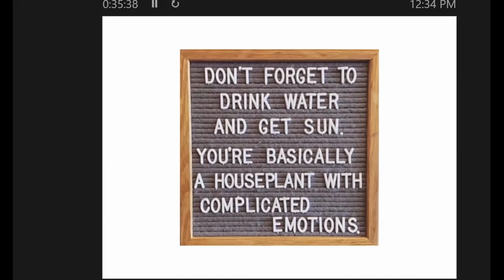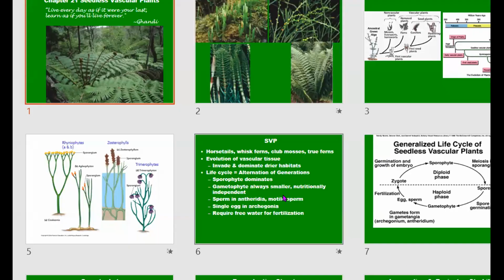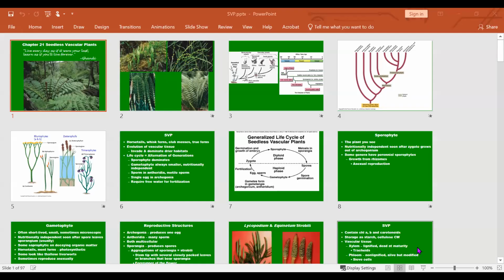Let me pull up the seedless vascular plants so I can remind you of a few things. Well, let me do it this way. I'm going to stop share and do a different share. Let's see if I do it this way.